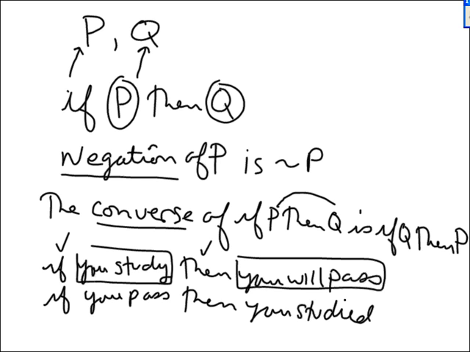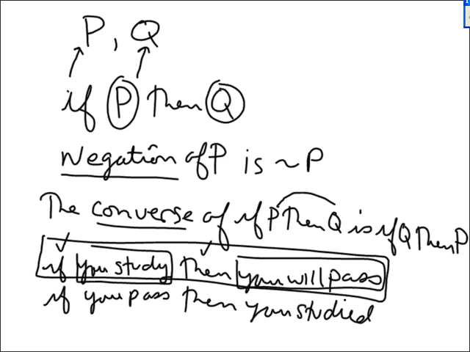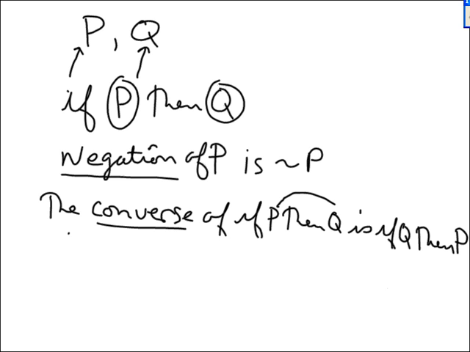But I guarantee you, if you study, then you'll pass. This was the given statement, and the converse does not have to follow. If you interchange the P and the Q, it doesn't have to follow. That's exactly what a converse is. And converses are not always true. They might be true, but they don't have to be true.